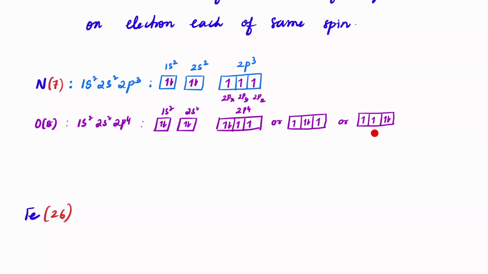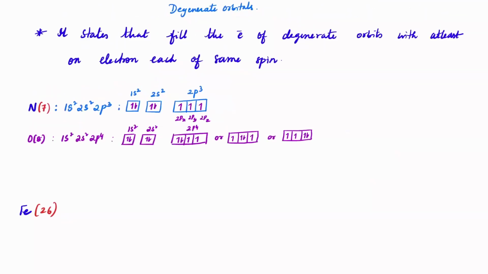I can start 1 here, 2 here, 3 here, and make 4 here. That is still fine. It doesn't make any difference in any way you fill it. But the first 3 electrons have to be such that each orbital gets 1 electron each. Okay, is this part clear?